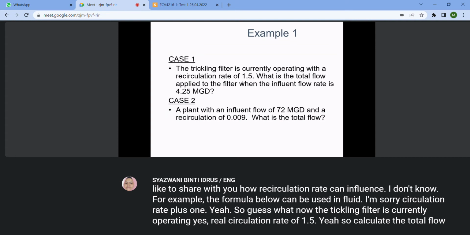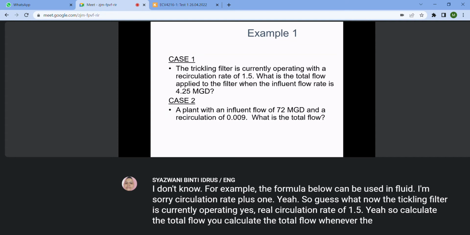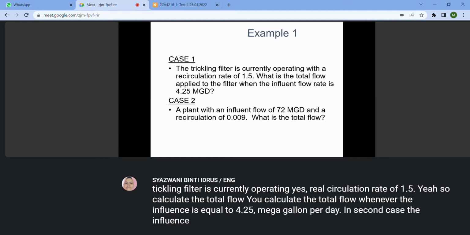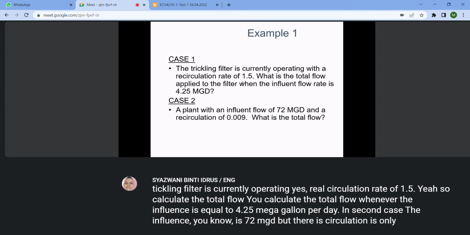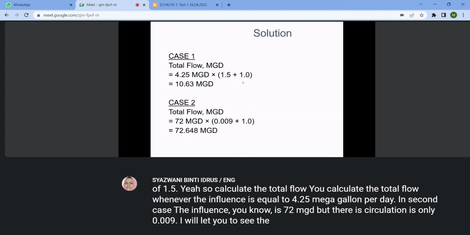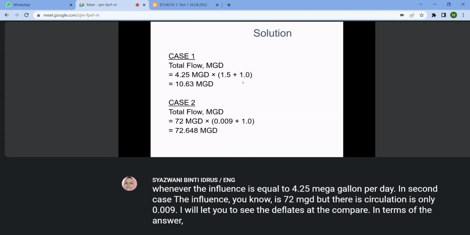Calculate the total flow when the influent is equal to 4.25 megagallons per day. In the second case, the influent flow is 72 mgd, but the recirculation rate is only 0.009. I would like you to compare the difference in the answers.